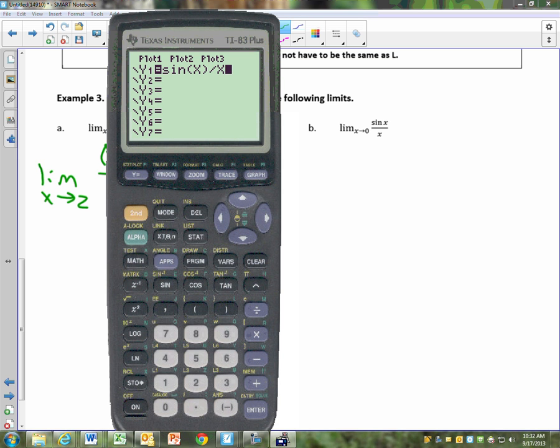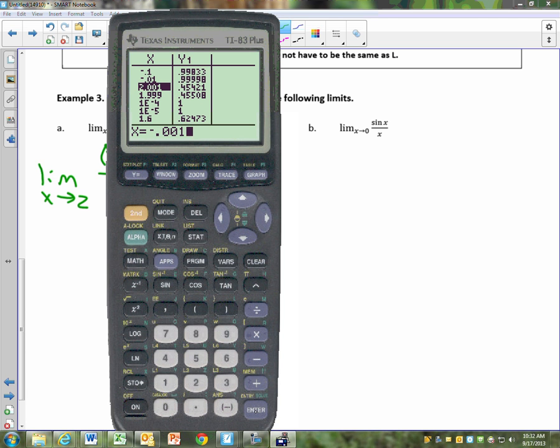So what I'm going to do here is go to my table, and I'd like to plug in values close to 0. I'm going to approach from the left. What should I plug in? Negative 0.1. That would be a good idea. Negative 0.01. Negative 0.001. What do you think? It looks like it's approaching 1. So my x values are trying to approach 0.